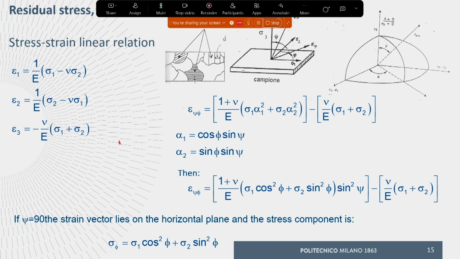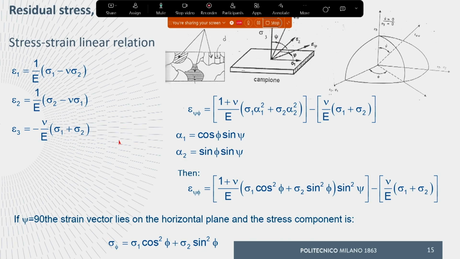And here alpha 1 represents cos phi sin psi, and alpha 2 is sin phi sin psi, and then finally we can write this formula that relates the generic strain component vector to the principal stresses, by means of the direction we are analyzing.